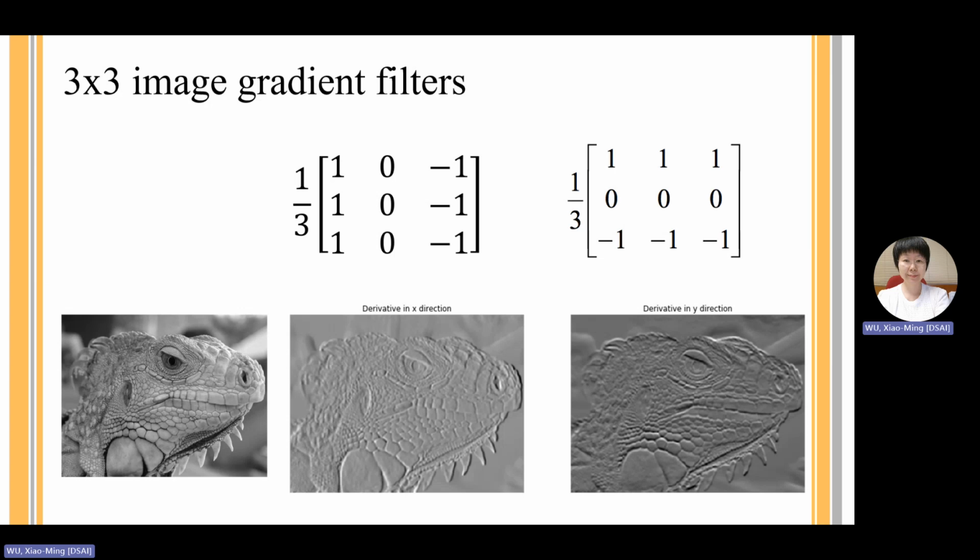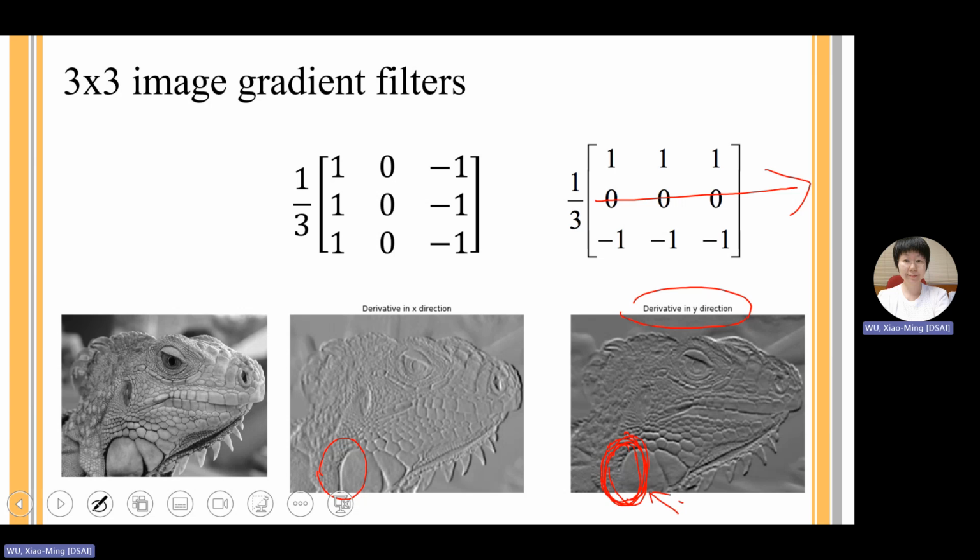So let's compare this part with this part. What's missing from this image is the vertical edge on the result of Y derivative output, because Y derivative is useful for detecting horizontal edges. So the vertical edges are missing.